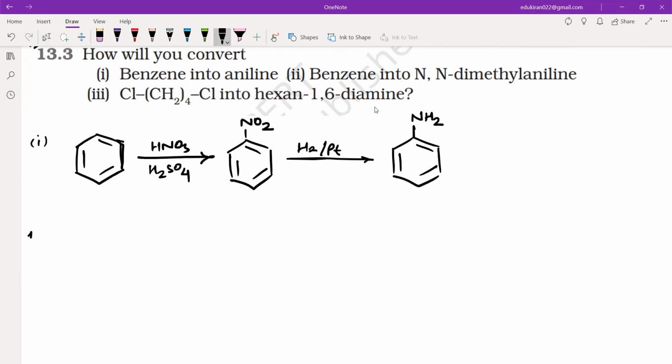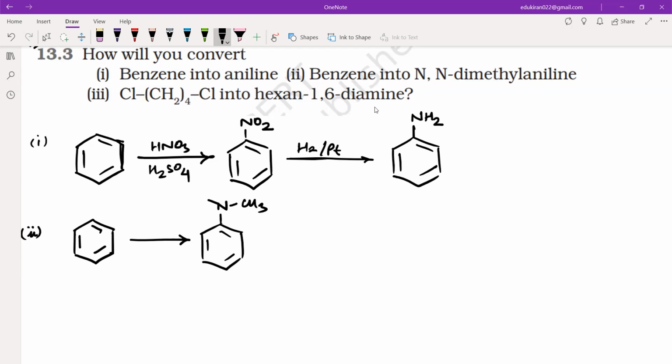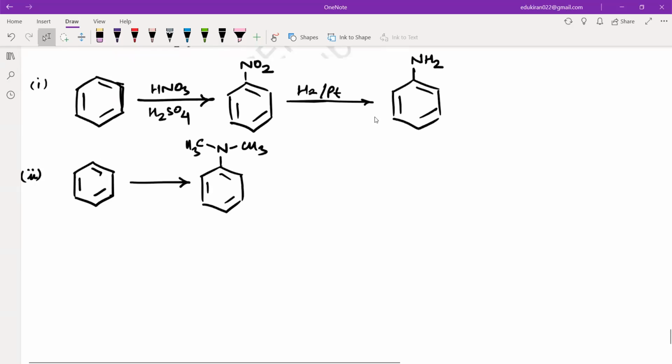Okay. Next one. This is benzene into N,N-dimethylaniline. So we have to start with benzene again. You have to convert this to N,N-dimethylaniline. That means nitrogen, which is connected to CH3 and one more CH3. It's a simple reaction in which this is the conversion that we have to do.